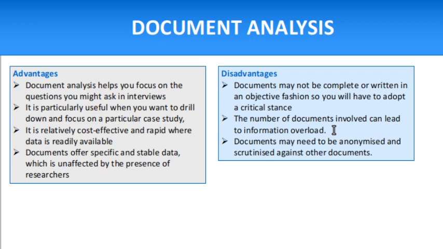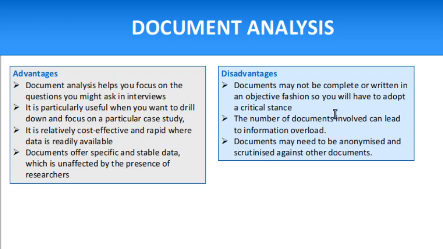So there are so many documents involved, due to which information is overloaded. Information is required from only one document, but there are 8 to 10 documents available which you have to analyze and link, so that you get the required information. So document information overload is also a very big disadvantage.